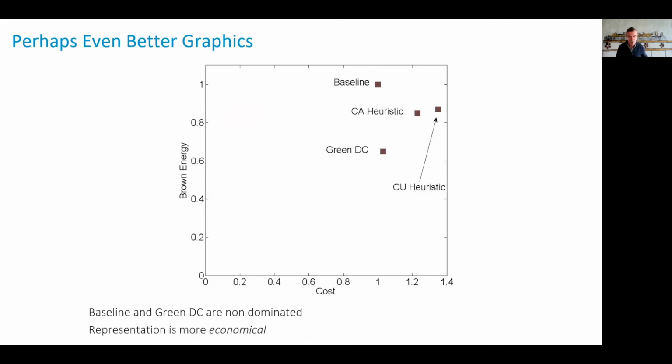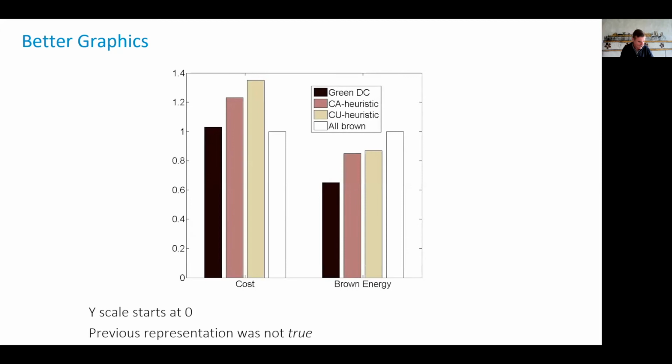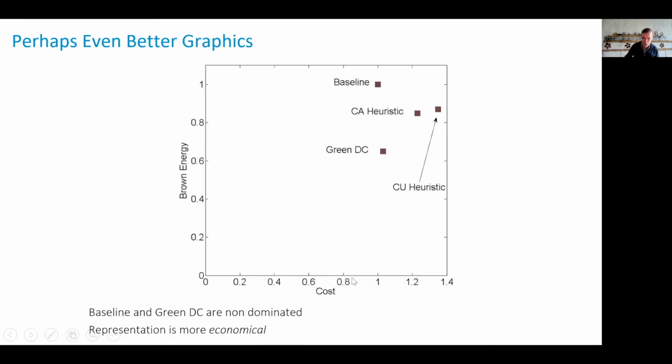Sometimes we've seen spider plots. Here is a variant of a spider plot where I plotted the two metrics, brown energy and cost, as two different values. I have exactly the same information there. Perhaps it's harder to read, but perhaps it also gives more information.